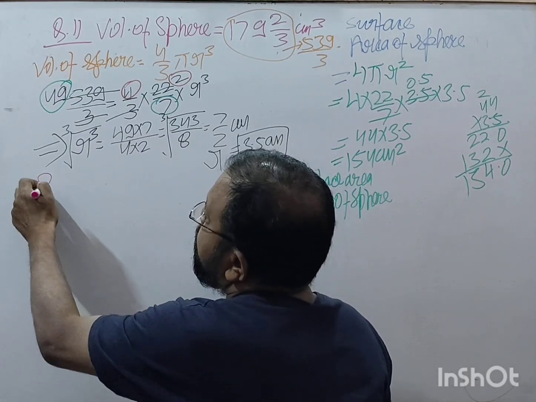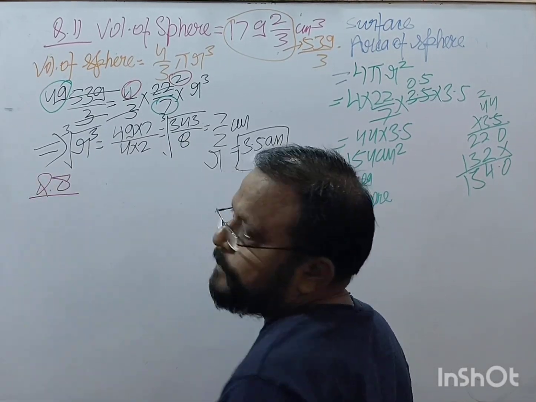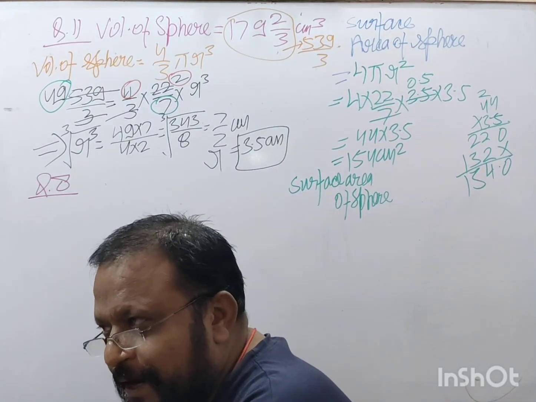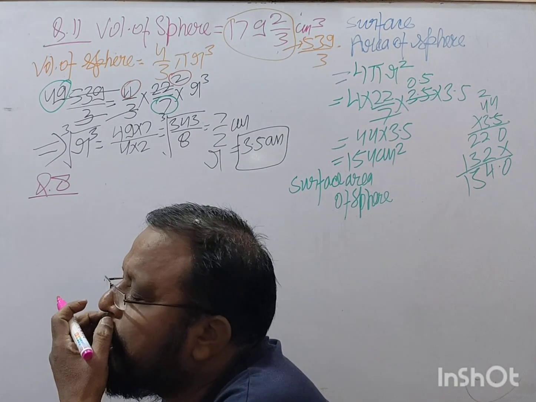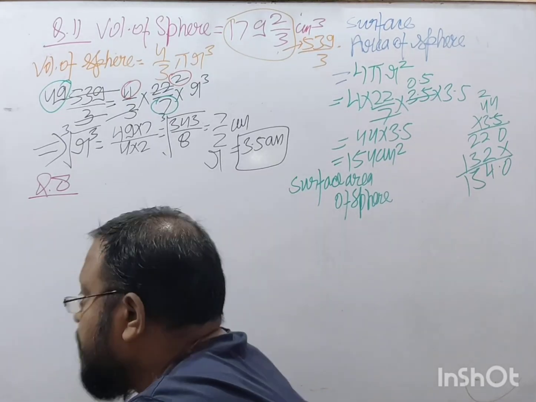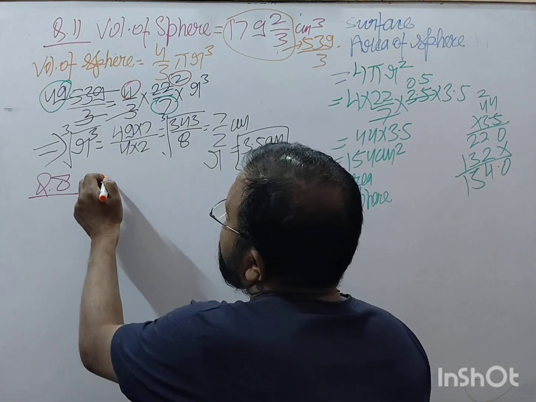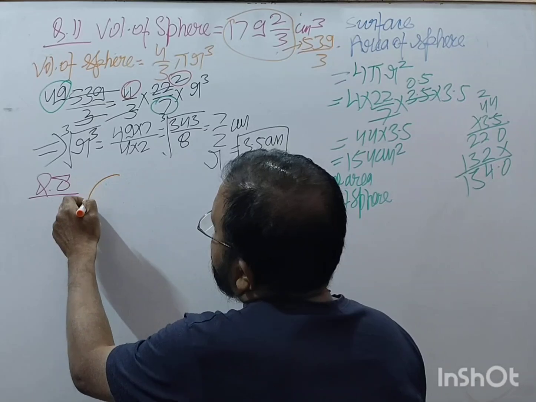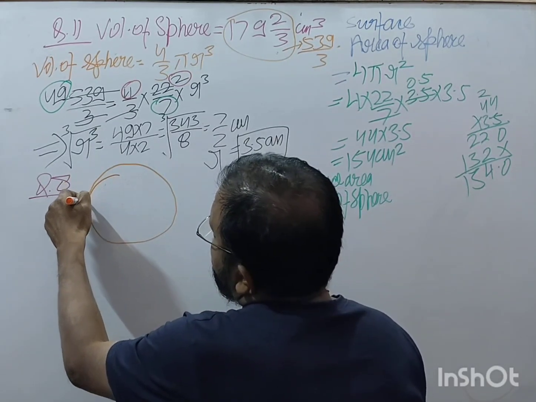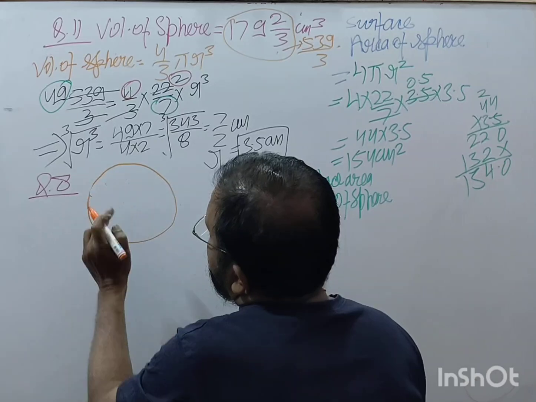Question number 8. What is it? Sphere and a cube have the same surface. Okay. You are saying there is a sphere, right?